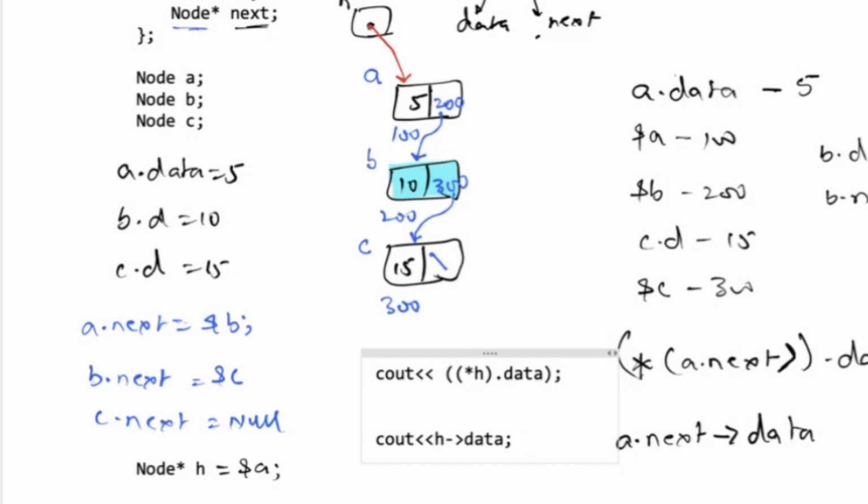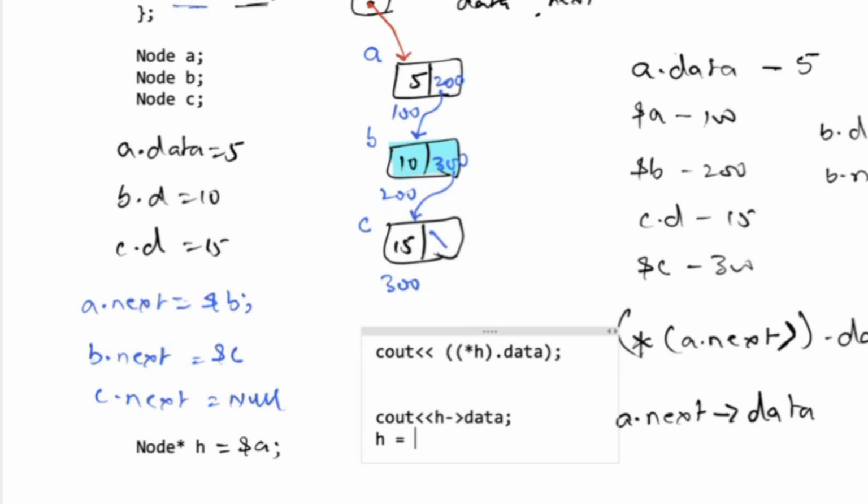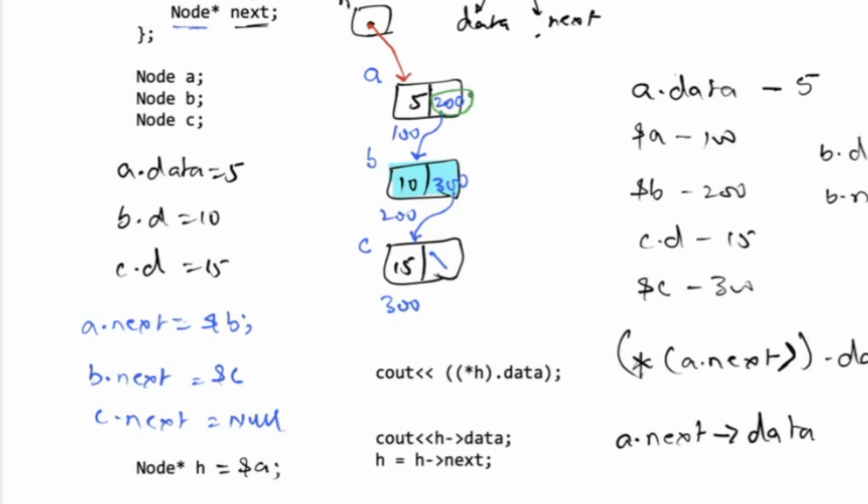After printing h arrow data, I say that h is equal to h arrow next. What will happen now? Can I say that h arrow next is 200? So 200 will come here. What it means is that h will start pointing to B, and this link is broken.